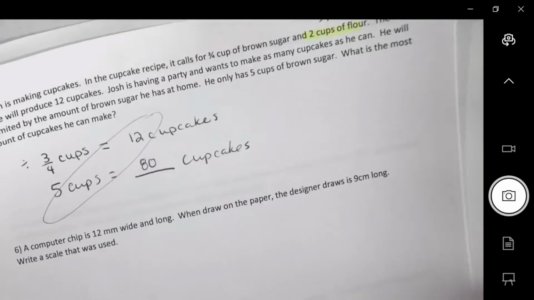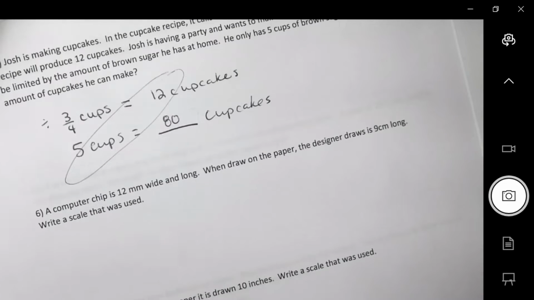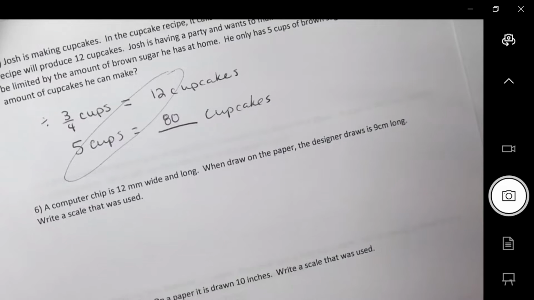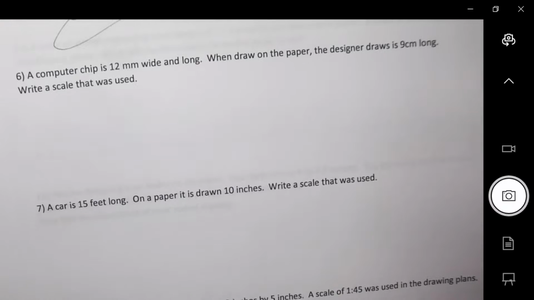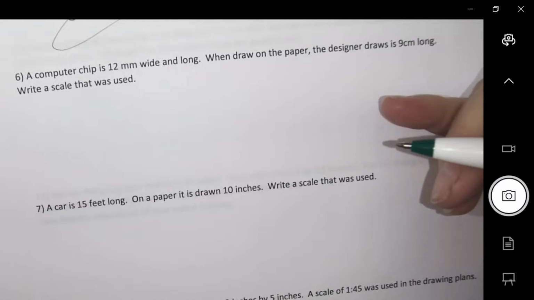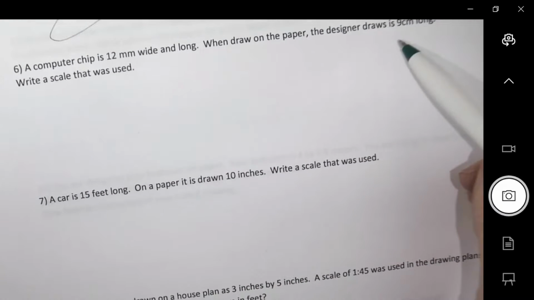Okay, a computer chip is 12 millimeters wide and long. When it's drawn on paper, the designer draws it 9 centimeters long. Write a scale. Okay, so this is not good. We're in millimeters and centimeters.